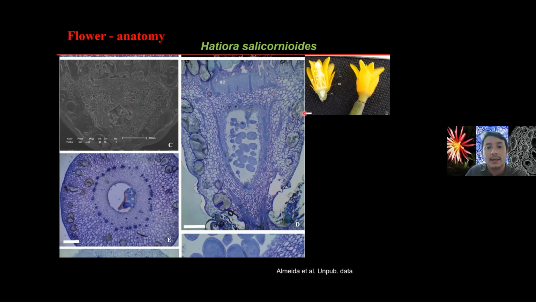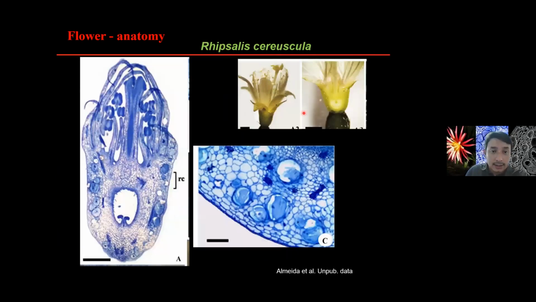As in Hatiora, this Hatiora cereuscula, for instance, this is a floral bud in longitudinal section. We have that pattern with the external pericarpel, the internal carpel, and the ovules. Here, the ascendant vascular system goes and just opens at the top of the ovary.